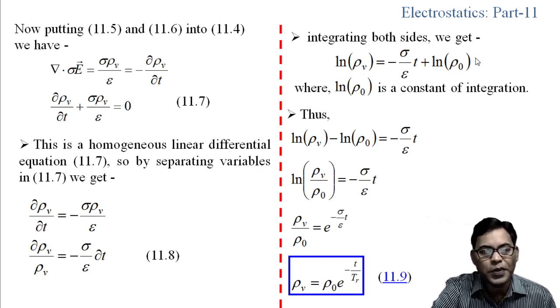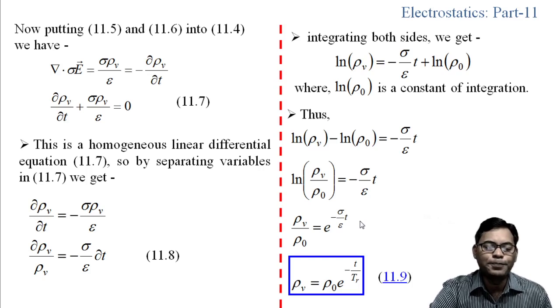So from this expression we are getting ln rho V minus ln rho naught equals minus sigma by epsilon into t, and by simplification we will get rho V by rho naught equals e to the power of minus sigma by epsilon into t.